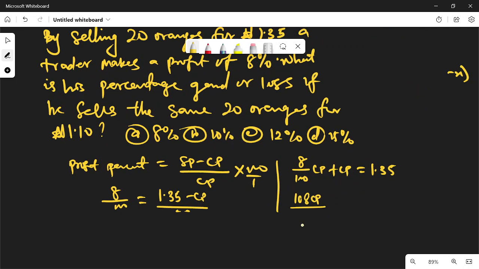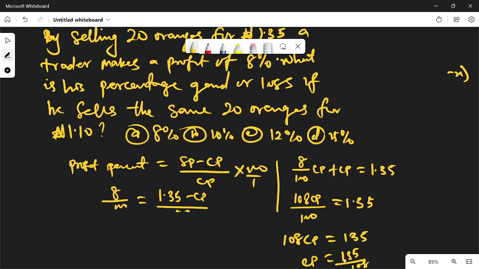If you add these two together, you're going to have 108 over 100, and that's equal to 1.35. So if you cross multiply, you are going to have 108 CP equal 135. So CP equal 135 divided by 108.